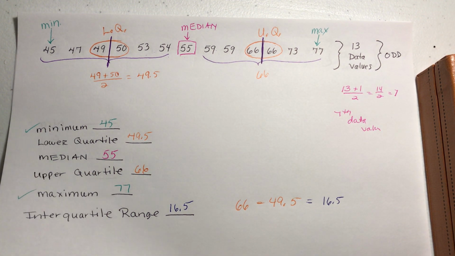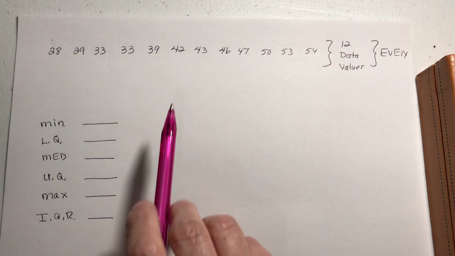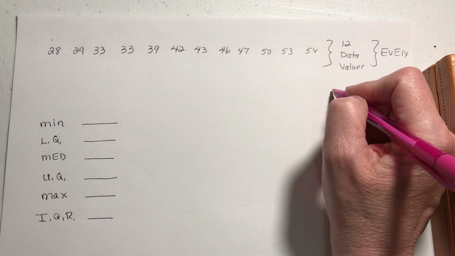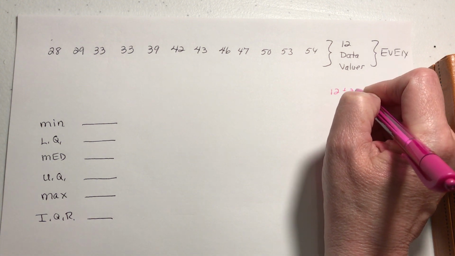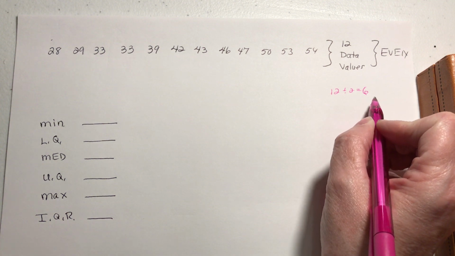My next example, I'm going to have only 12 data values, and I'll show you how this works. If there's an even number of data values, you will not have one number in the middle. There'll be 2 of them. So if I just took 12 and divided it by 2, I'm going to have 6 numbers below and 6 numbers above.